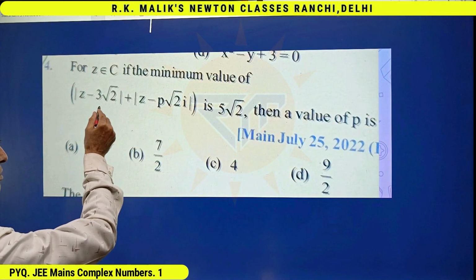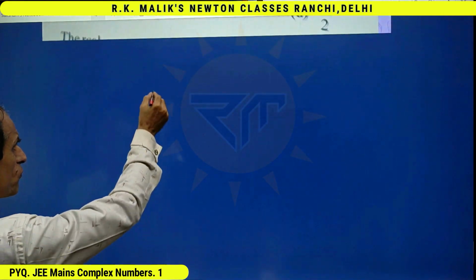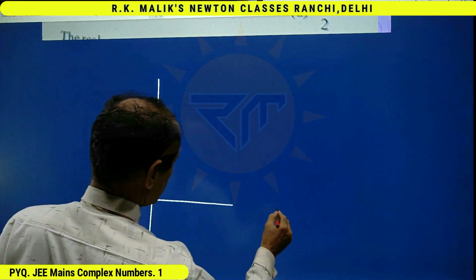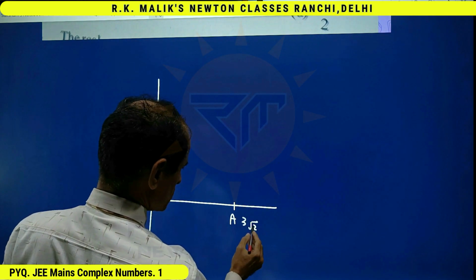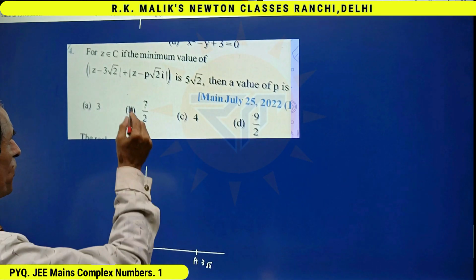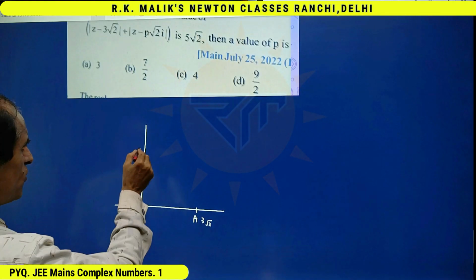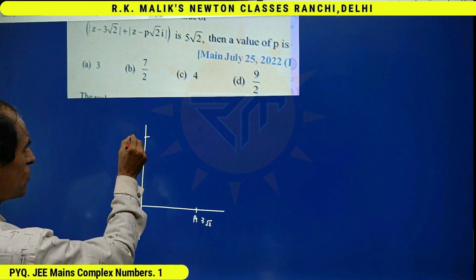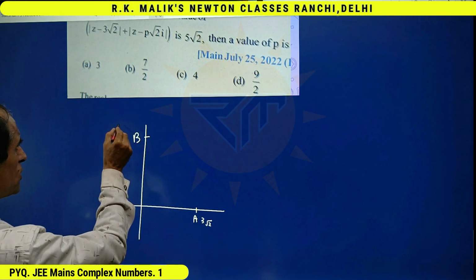Clearly, the point having complex number 3 root 2 will lie somewhere here, and the point having complex number p root 2 i will be somewhere on the y-axis.